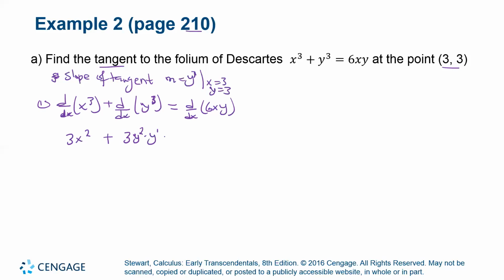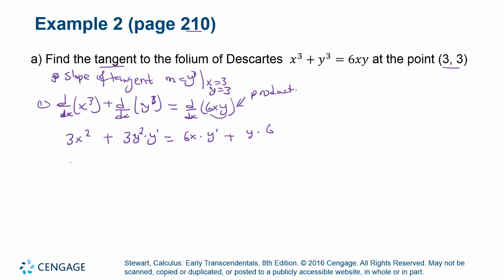y prime. Now when you come here, remember 6xy, it's a product of 2 functions. Therefore, we use the product rule on that. So let's keep the 6x and differentiate the y, which will give y prime. Then plus, keep the y and differentiate 6x, which will just give me 6.